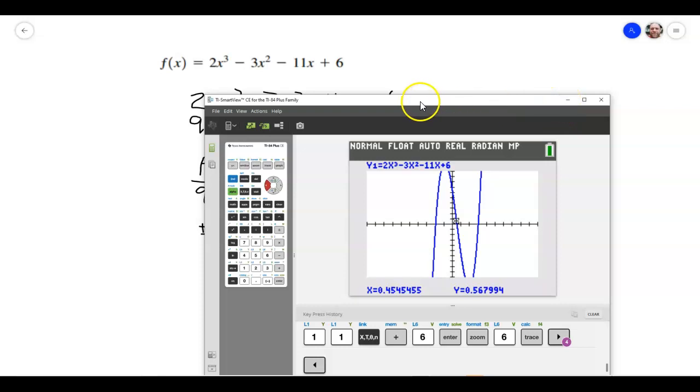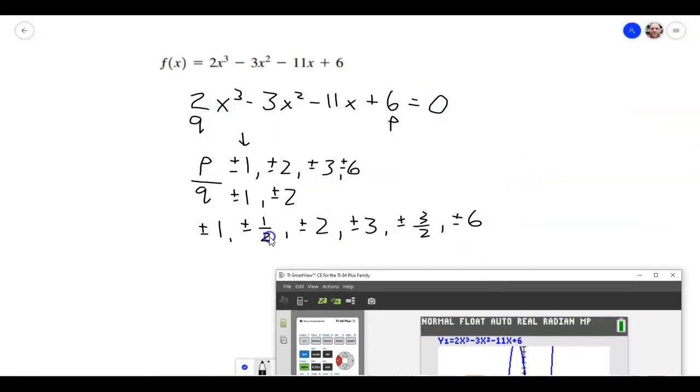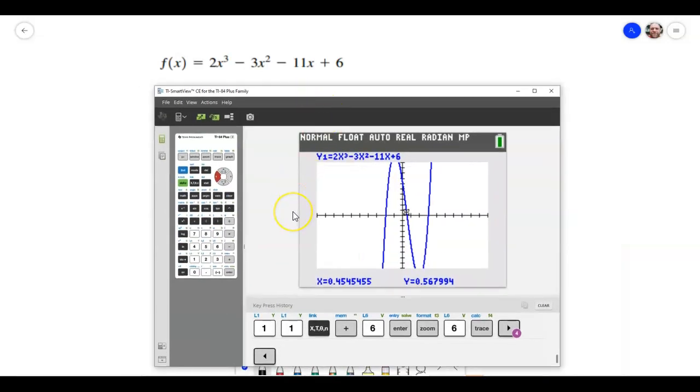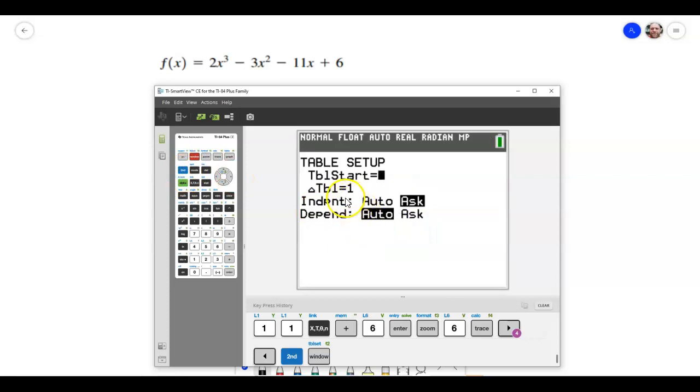So what I want to do now is, if we put this value into the function, if we get a 0, that means that that is one of our zeros of the function, or x-intercepts. So now I'm going to go to my table, make sure that it's on ask and auto here.